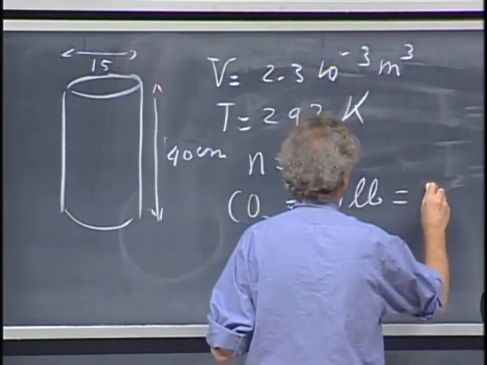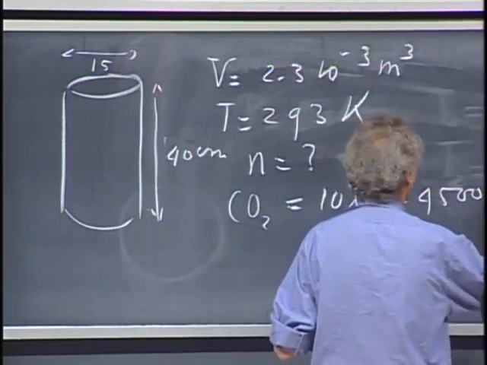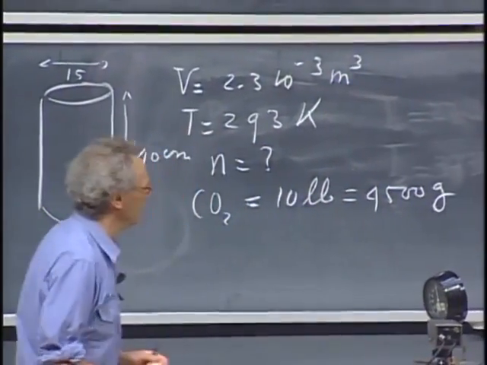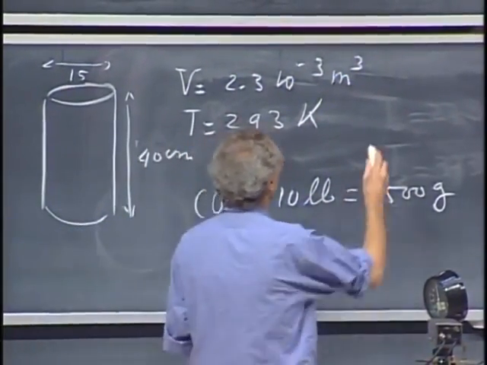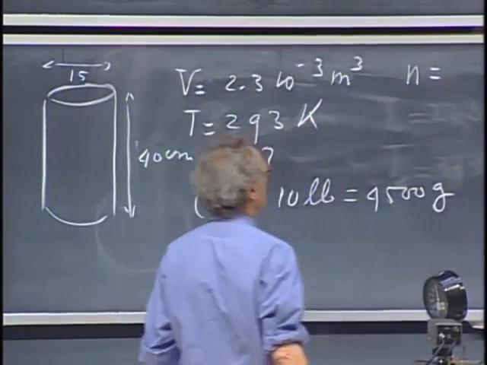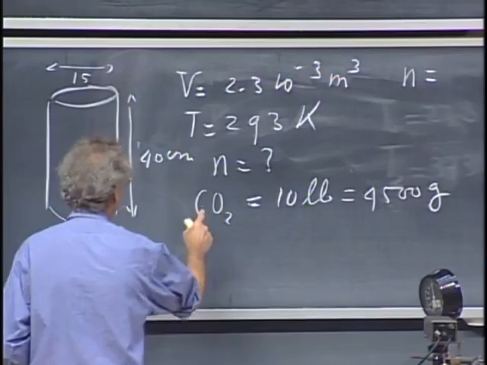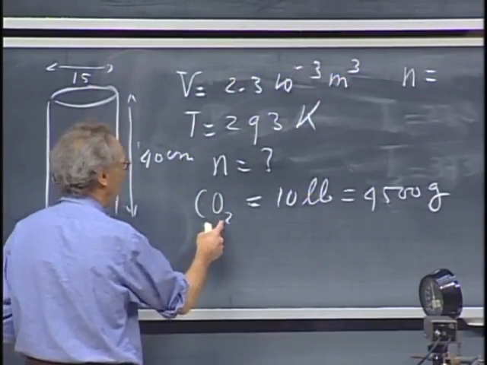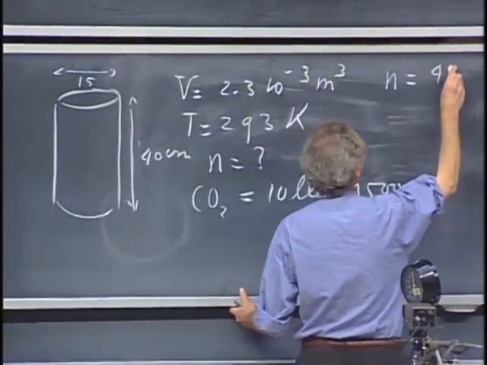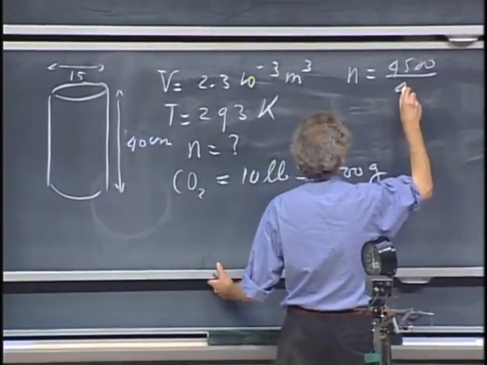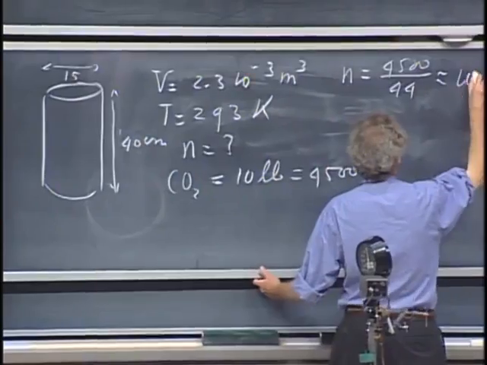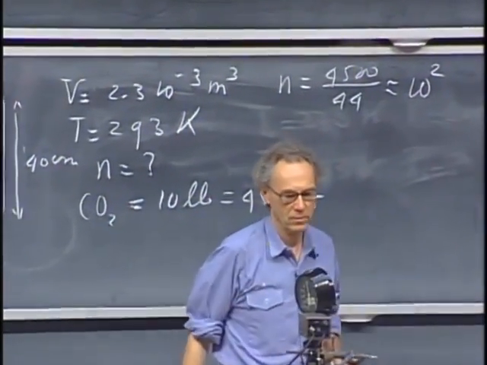That's a given. And that is 4,500 grams. A pound is 450 grams. So I know what n is, because the atomic mass number of CO2 is 12 plus 32 is 44, and so that is 4,500 divided by 44. That's close enough to 100. So I have 100 moles.